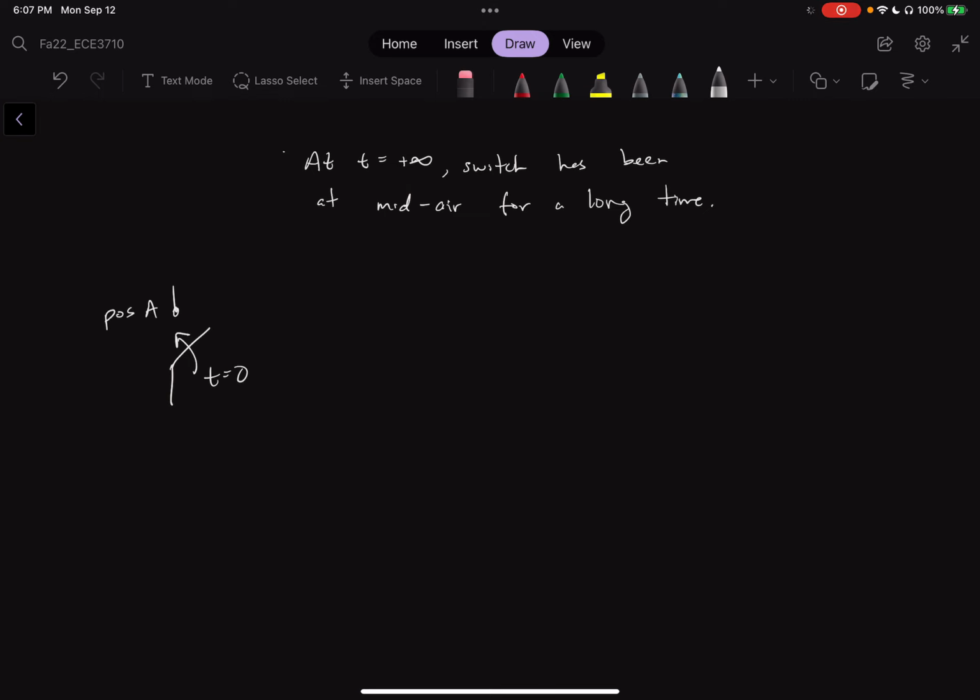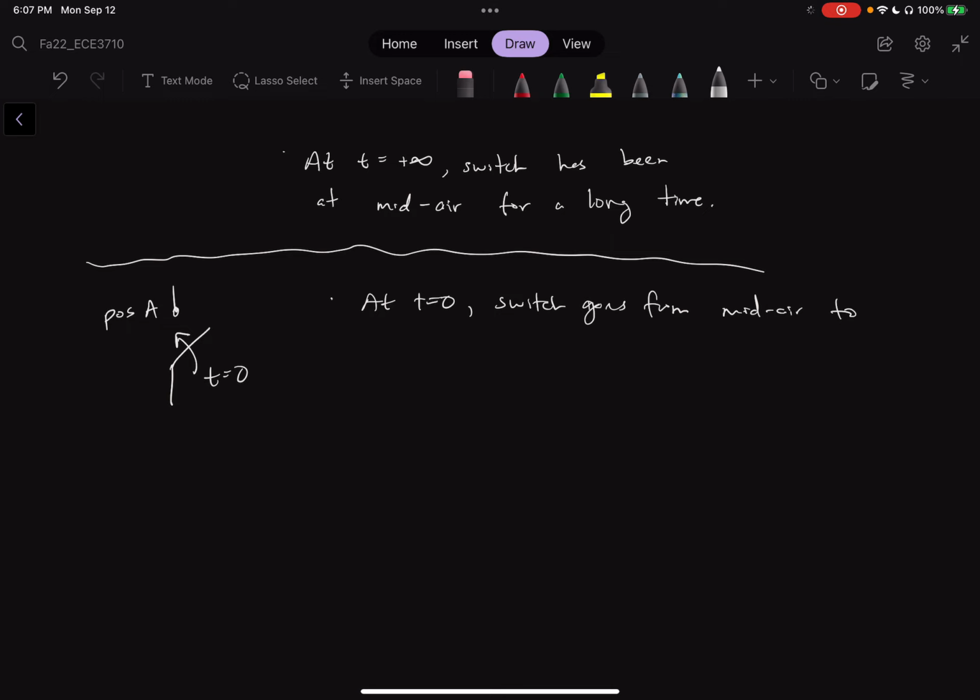Now here, what's going on? At t equal to 0, the switch goes from mid-air to position A. Correct? The arrow shows that we're going to go to position A at t equal to 0.